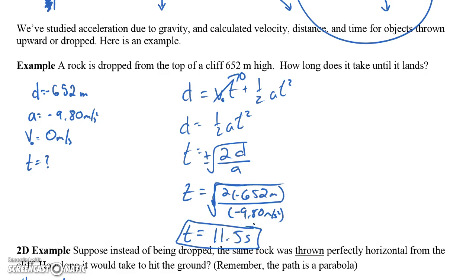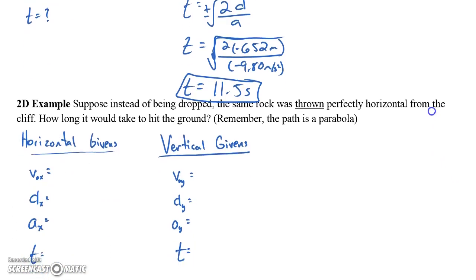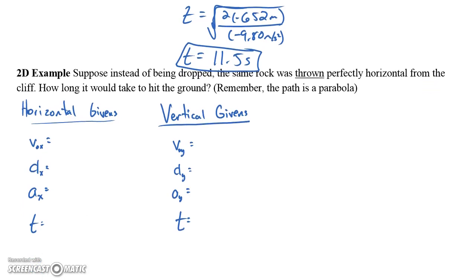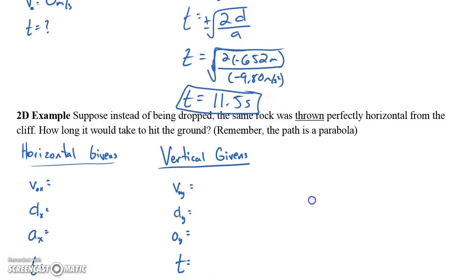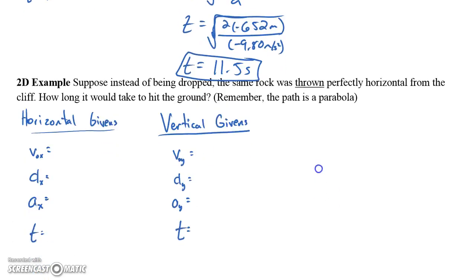So, not a hard problem in terms of kinematics, what we did in our last unit. Now let's look at 2 dimensions. Now we're throwing it perfectly horizontally, and what happens? We know it follows a curved path, but what does that mean? To make it easier, what we do is we always look at our horizontal things and our vertical things. So let's take a look at what we know for this problem.